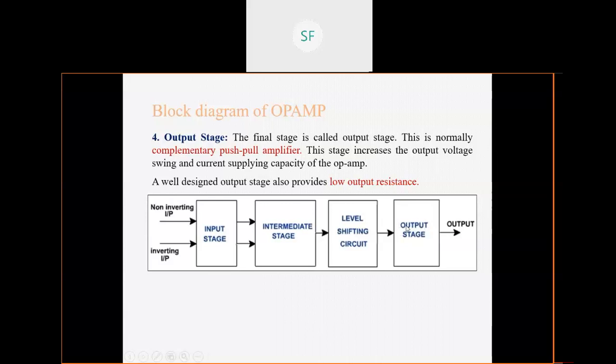The function of the output stage is that it increases the output voltage swing and the current supplying capacity of the op-amp. It is also used to determine the output resistance. So the output resistance should be low. So these are the functions of the output stage. In the explanation, you should clearly mention which circuitry is used in each and every stage and what is the function of each and every stage.